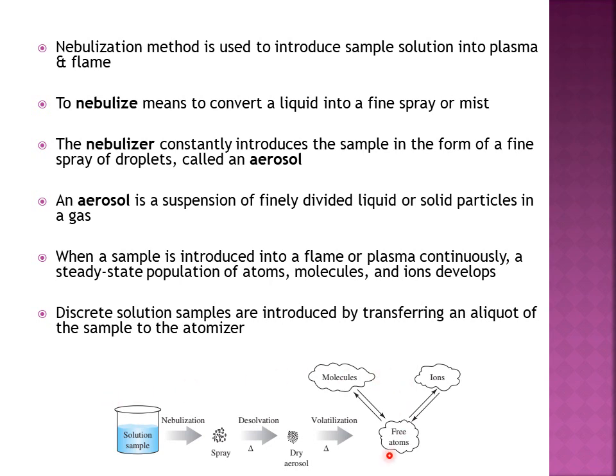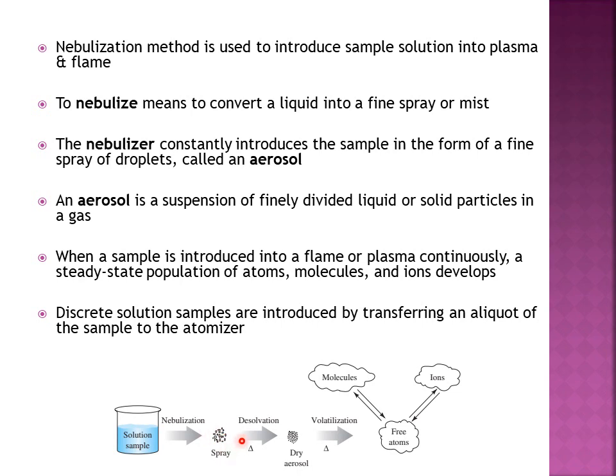And here is the whole process which is described in this diagram. You can see here is the sample solution. Next step is nebulization. So we use a nebulizer which converts this sample solution into a fine spray. This fine spray is mixed with air, so this is also known as aerosol.